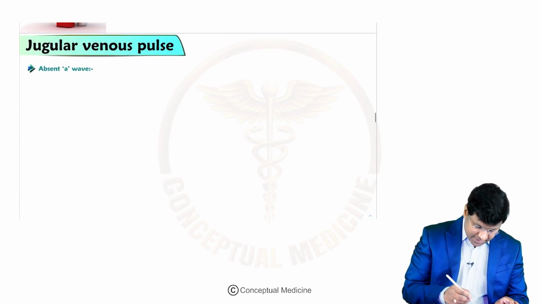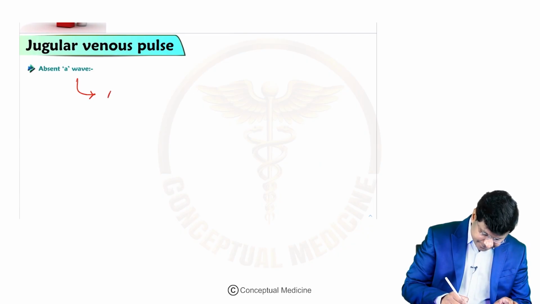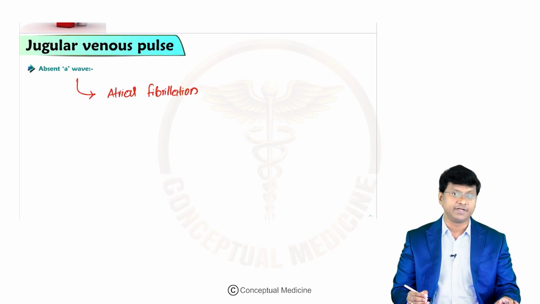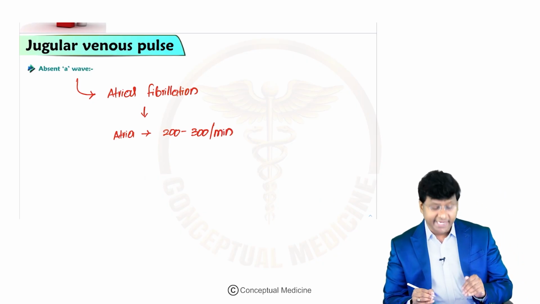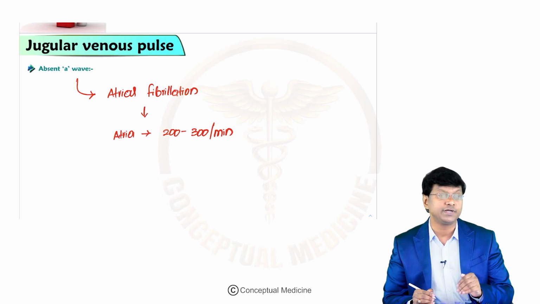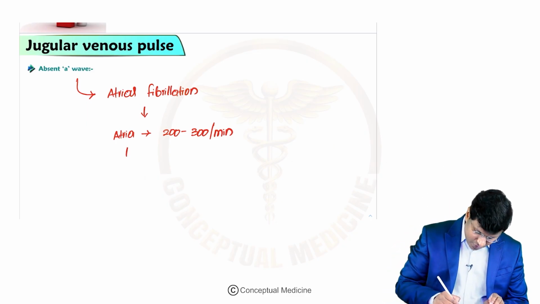In atrial fibrillation, the atria contract nearly 200 to 300 times per minute. So when the atria are contracting up to 200 to 300 times per minute, how will the contraction be? It will be just a feeble contraction.